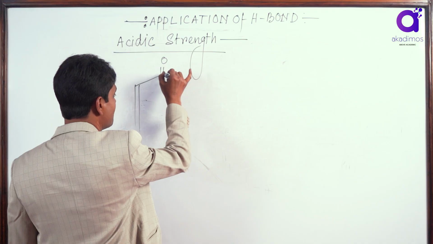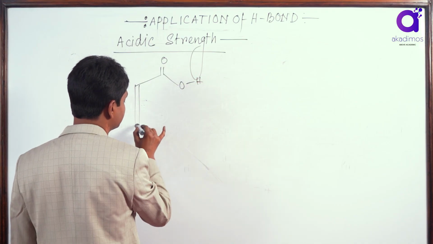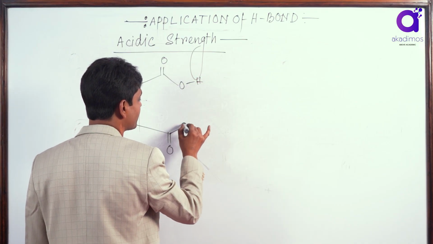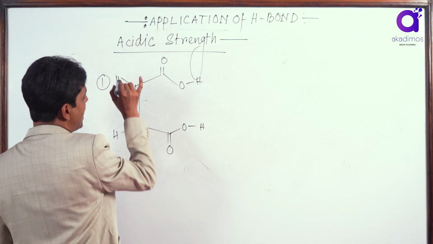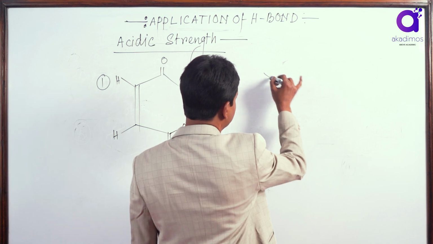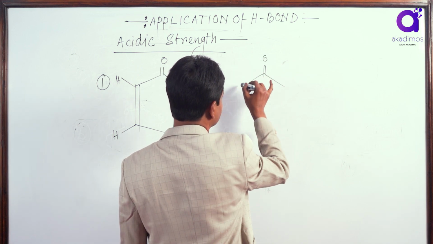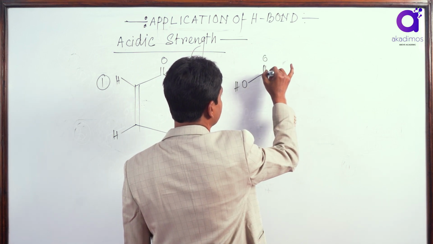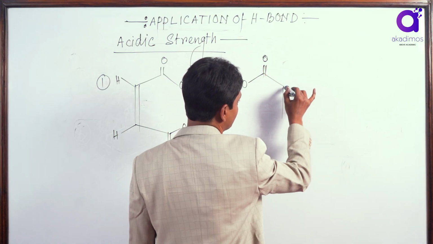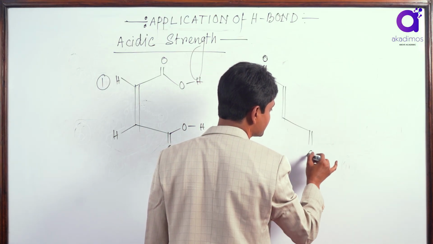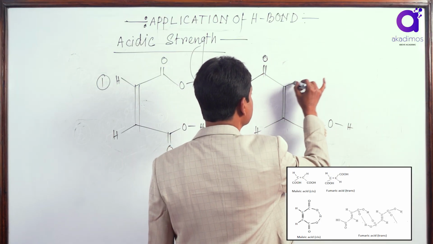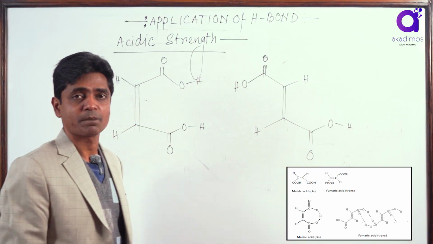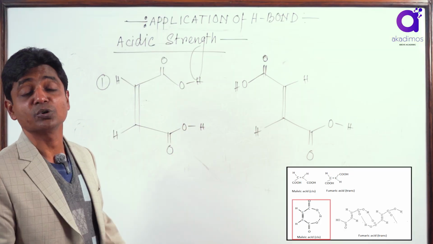This is maleic acid. This is the cis isomer. And trans is fumaric acid. This is fumaric acid, the trans isomer. Now, if I compare, can you tell which one is more acidic? Maleic acid is more acidic.